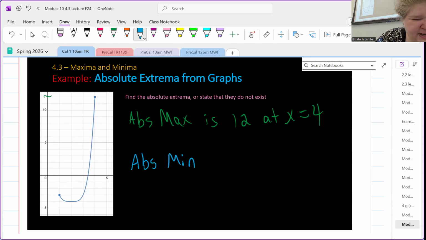Then the absolute min is at -4, or sorry, is -4 at the x value of 2. The 2 is a little more questionable. But that looks like roughly the middle there.